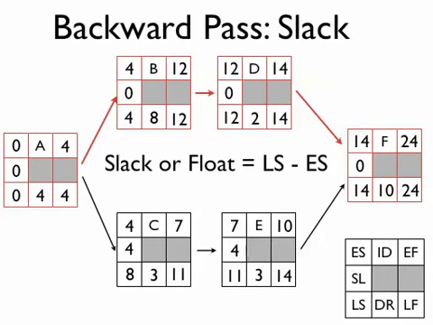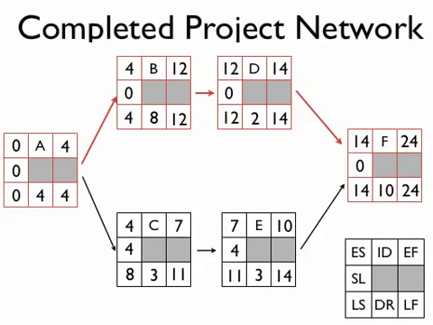Okay, so each individual task here has a slack or float of 4 days. However, this path through the network really just has a total slack of 4 days. Okay, so here we have our completed project network with all the values filled in.